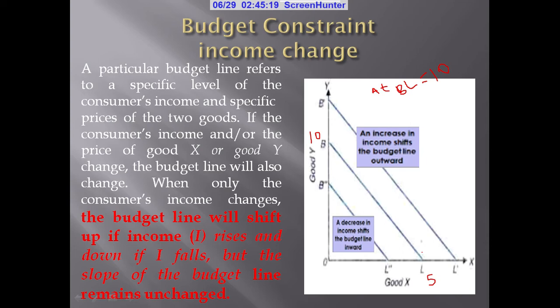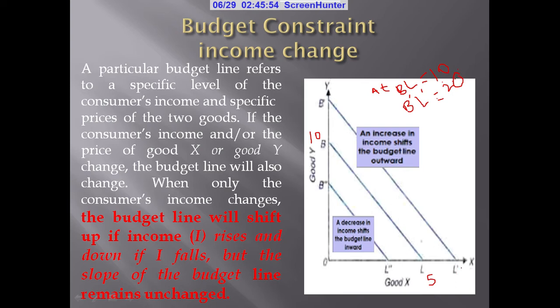But let's suppose income increases from 10 to 20 at B dash L dash. Income is equal to 20. If income increases, it means the individual has more purchasing power. So individuals can purchase more goods and services when income increases.